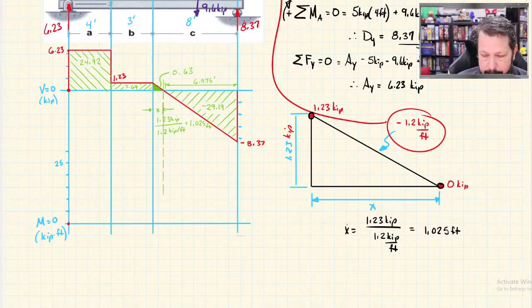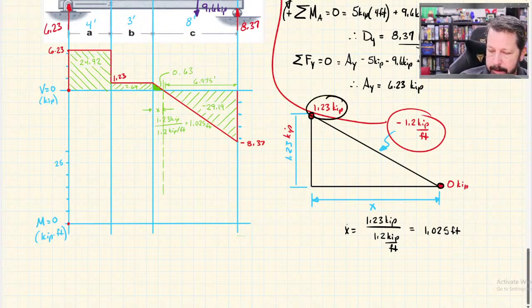Hopefully that makes sense. If it doesn't, all you have to know is take the height of the triangle and divide by the rate of the distributed load, and that will give you x. So that's what will happen. And then maybe as you do these and see some other triangle options with different numbers, they'll start to click.